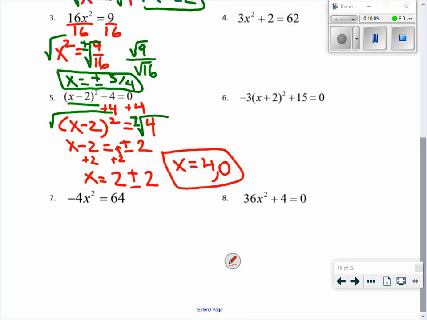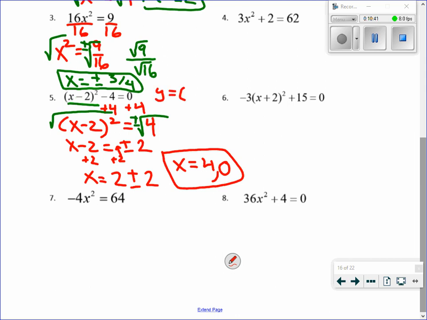Remember, this is solving. So what can you always do to check to make sure you're right? Plug it back in. That's another good idea. Another good idea would be to graph it. Being equal to 0 is the same thing as being y equals.